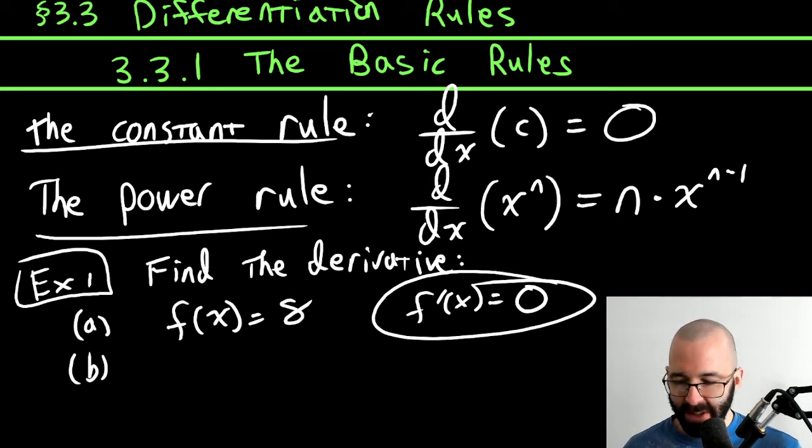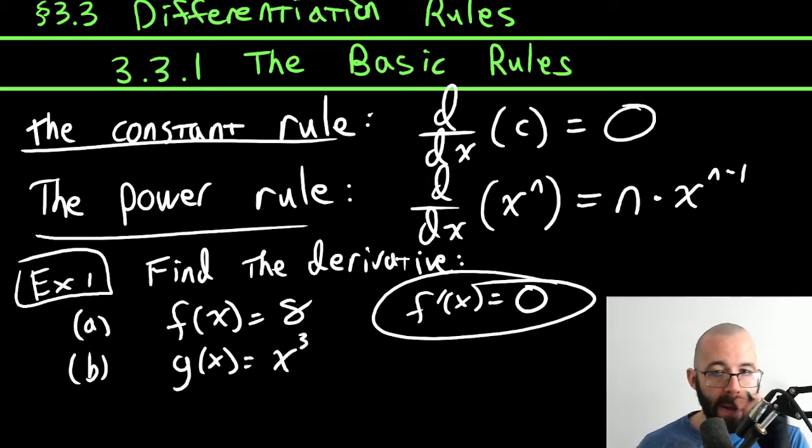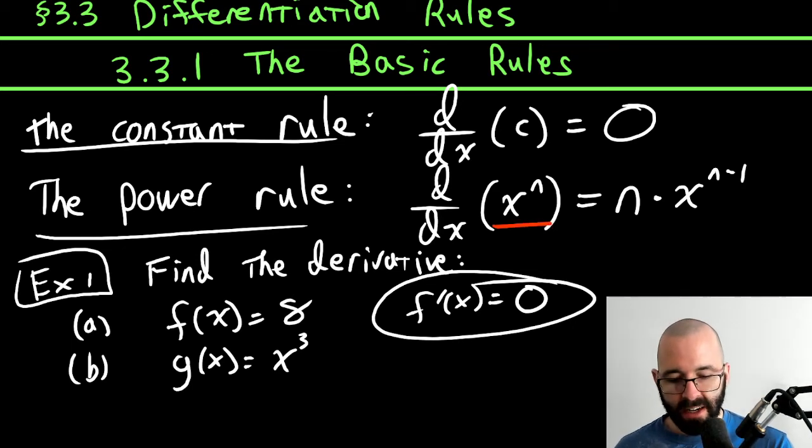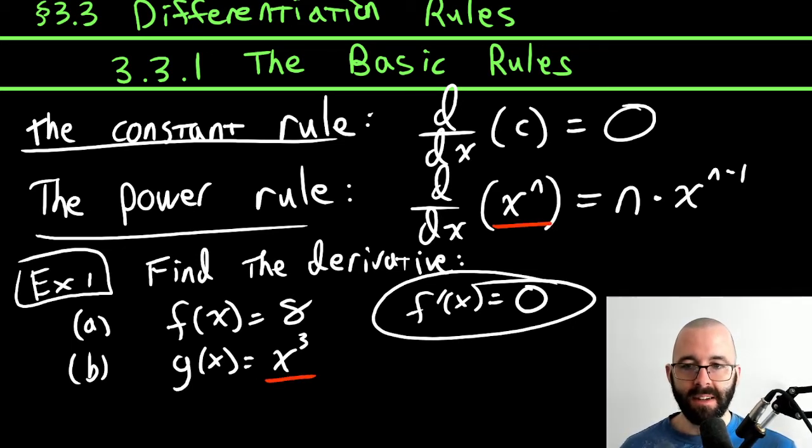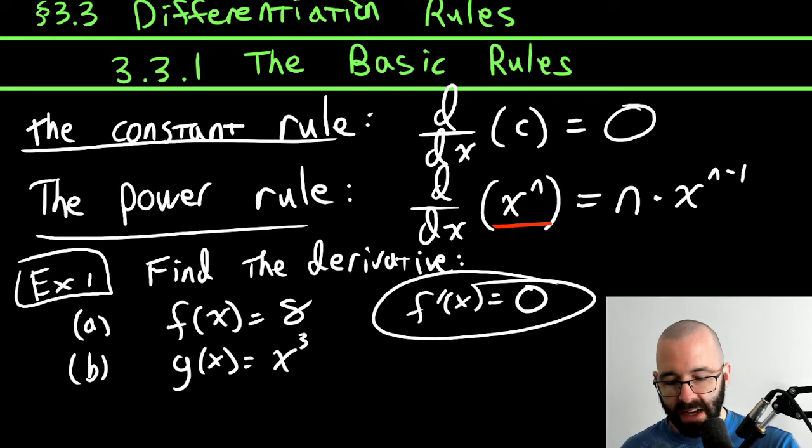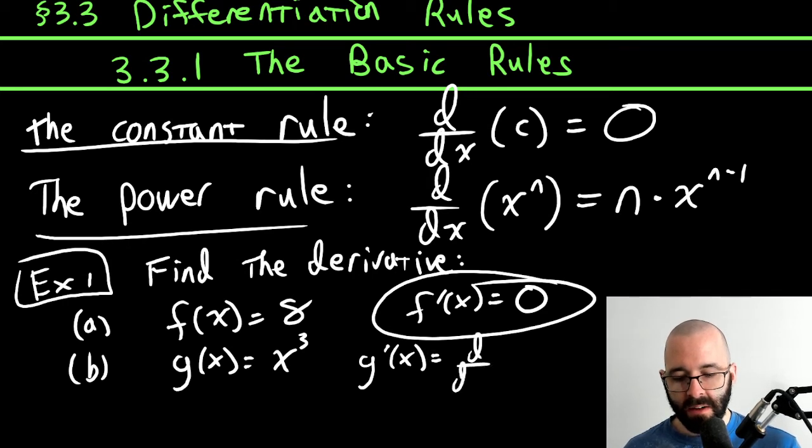We could do some more of those, but let's do some messier examples. Let's use the power rule. So first off, identify, yes, power rule applies here. g prime of x, and this is a notational thing that we haven't done too much, but g prime of x, that's the derivative of g of x.